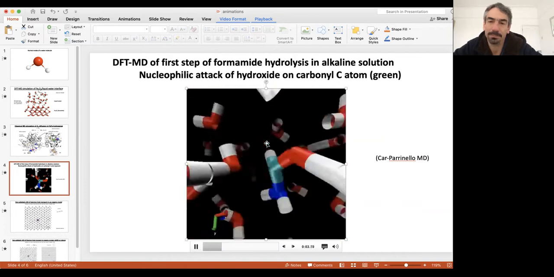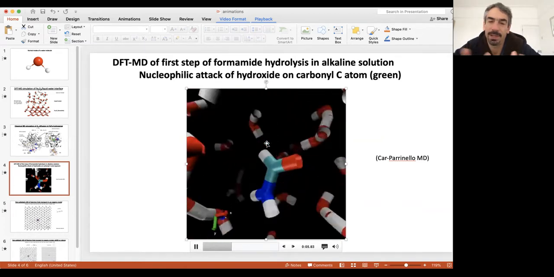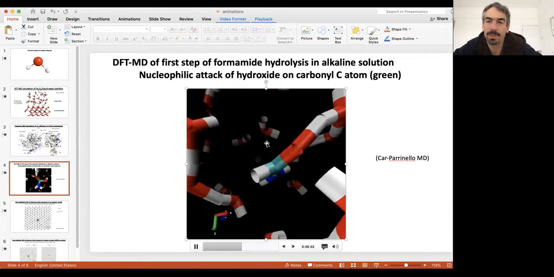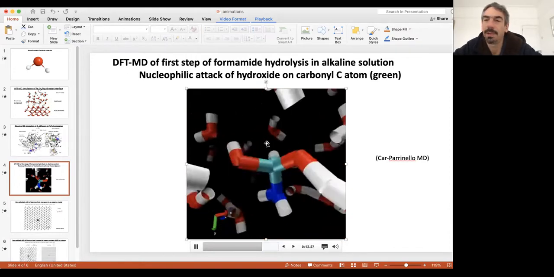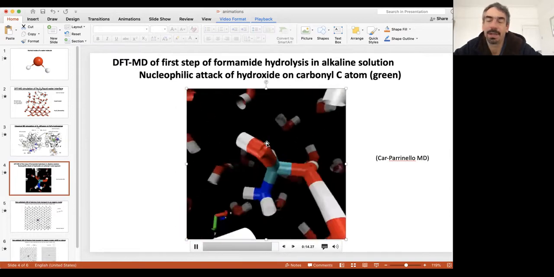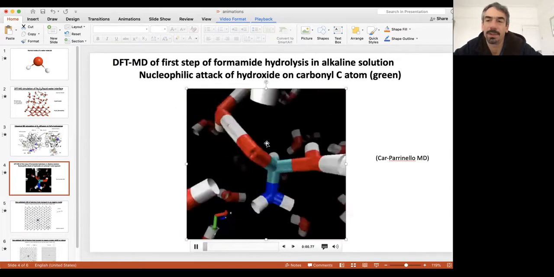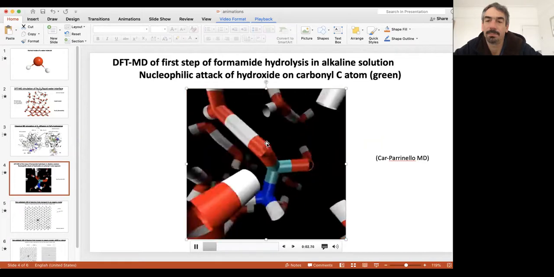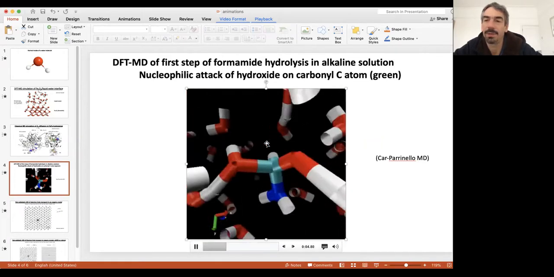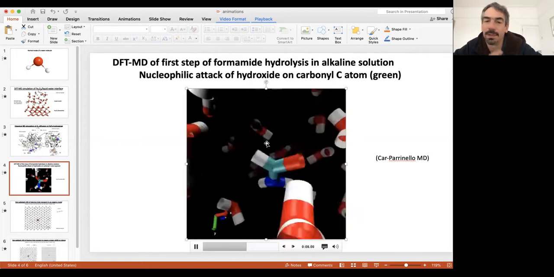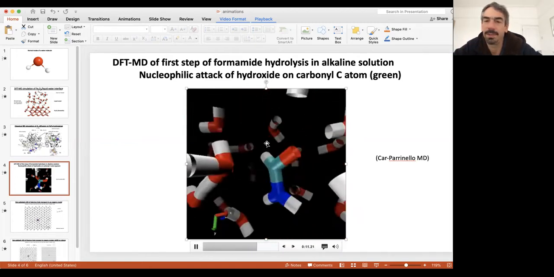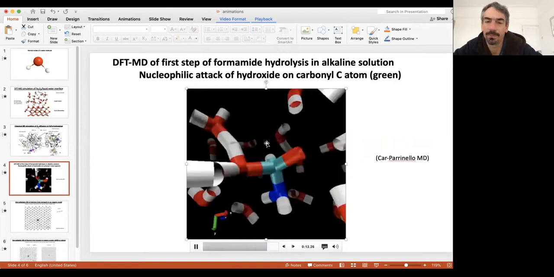These simulations are interesting to watch as movies, but you can also calculate reaction rates. From this kind of calculation you can calculate transition state free energies and rates, the number of times per second that these intermediates are formed.